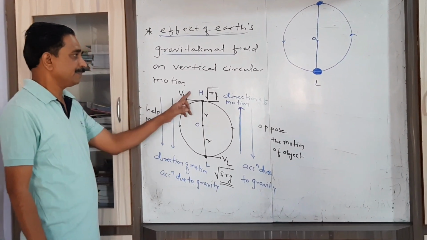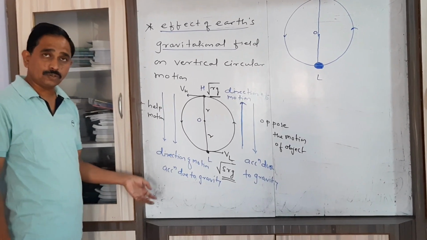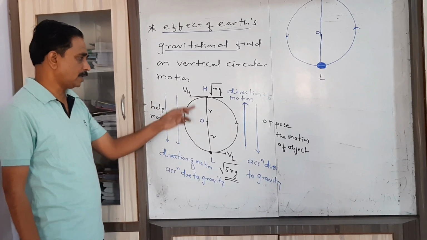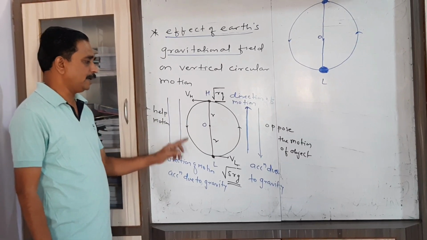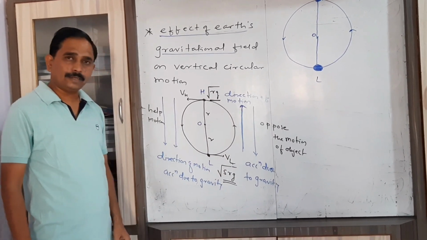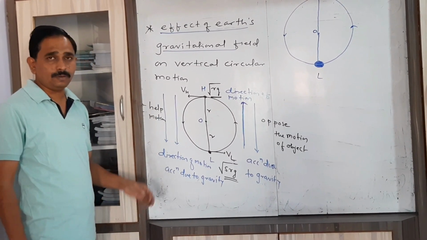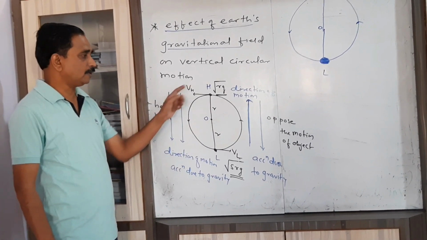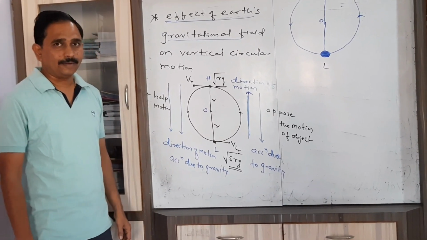And in the other part, its velocity increases because the direction of motion and the direction of acceleration due to gravity are the same. That's why the speed increases. In half part g opposes the motion of that object, and in the other half part the same g helps the motion of that object. That's why we consider the motion of that object to be controlled only by the acceleration due to gravity.